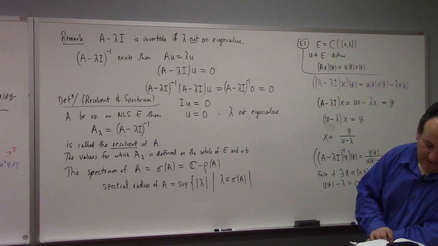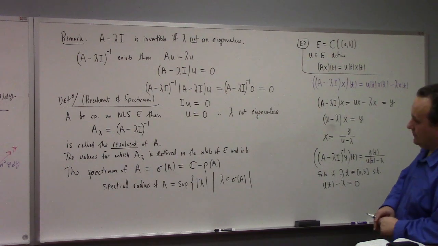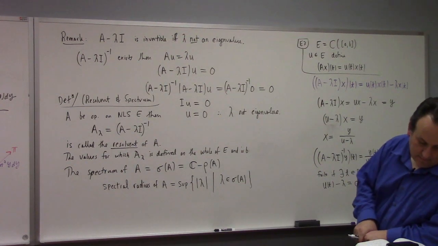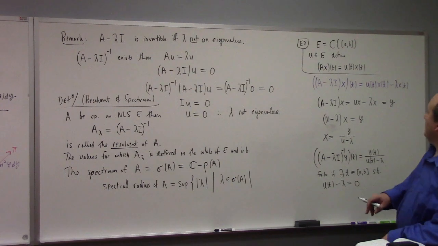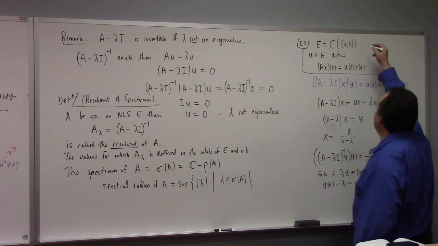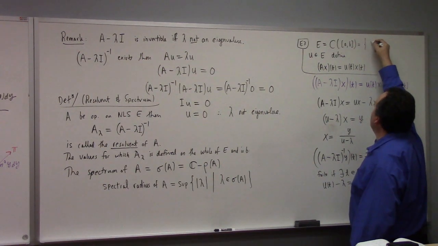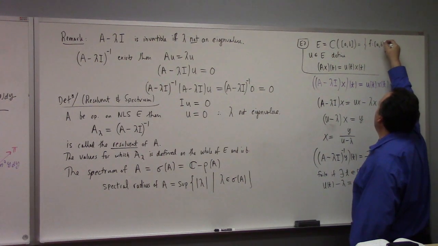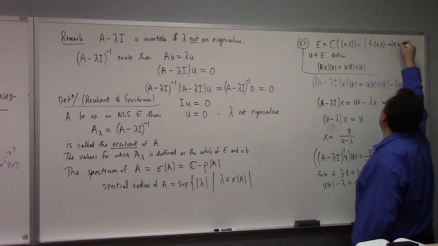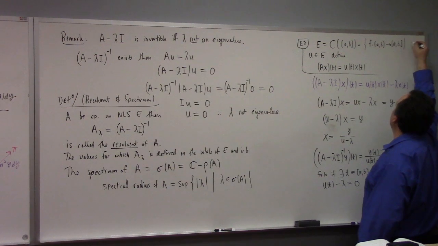He says if u of t equals a constant function, then lambda equals c is an eigenvalue of A. On the other hand, if u is a strictly increasing function, then A has no eigenvalues. Notice that this is the set of continuous functions on the real interval, so it's real valued.